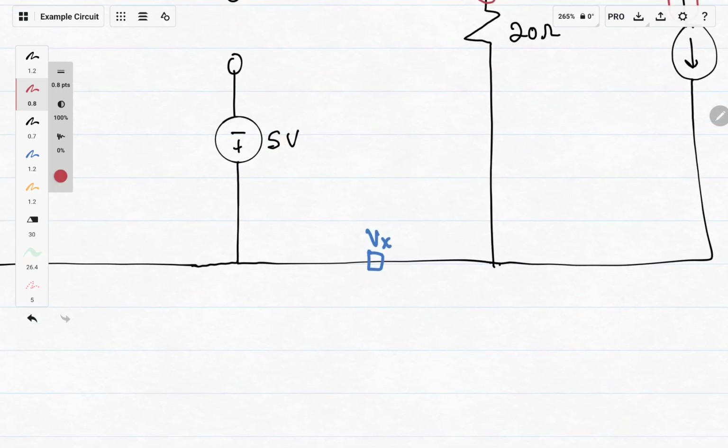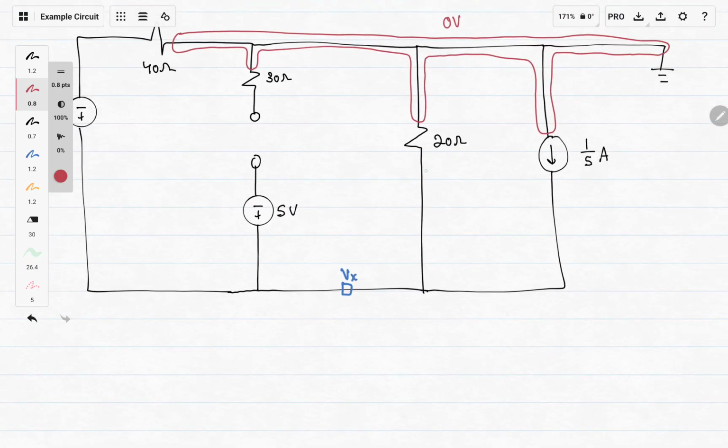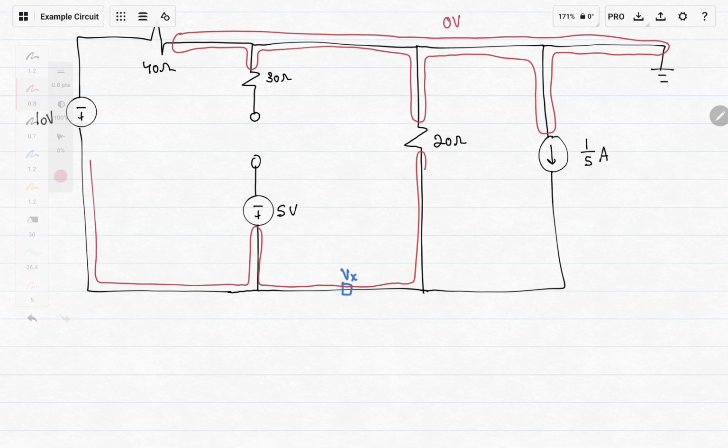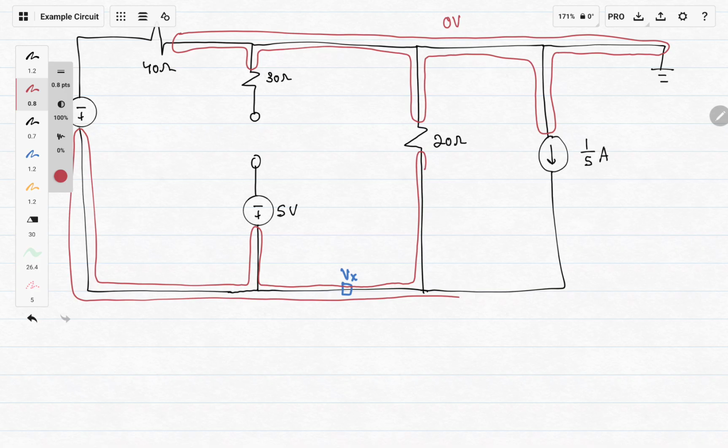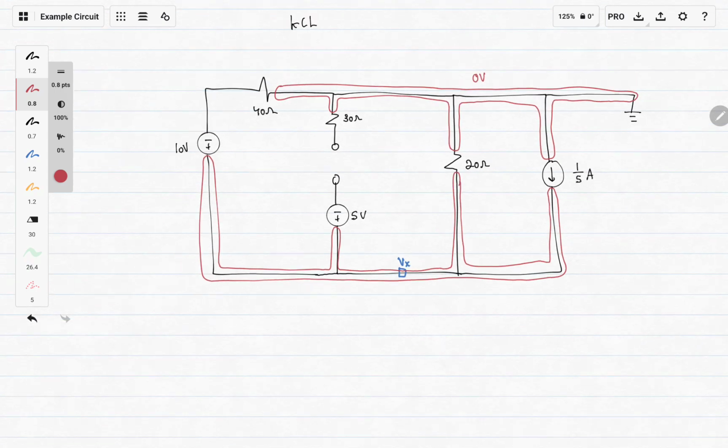And Vx is another node, which is represented by the highlight around here. This all represents the Vx node, which we're trying to obtain.